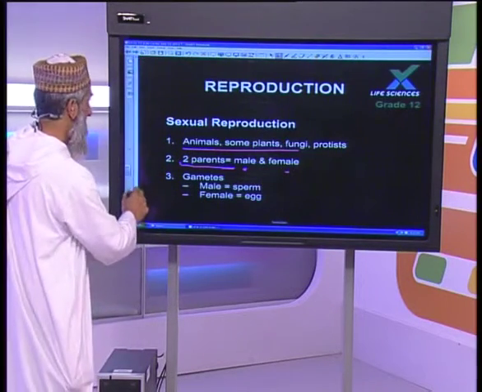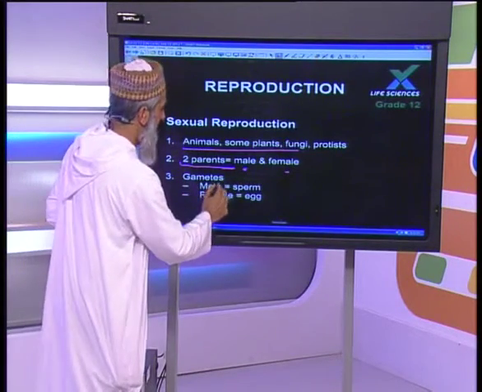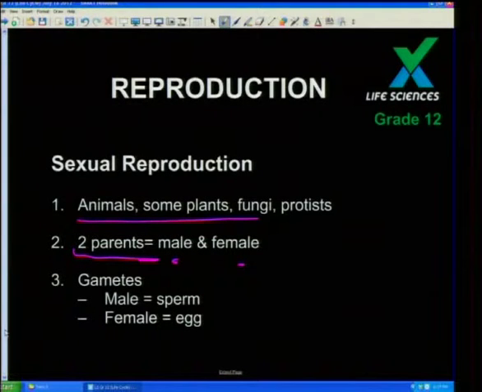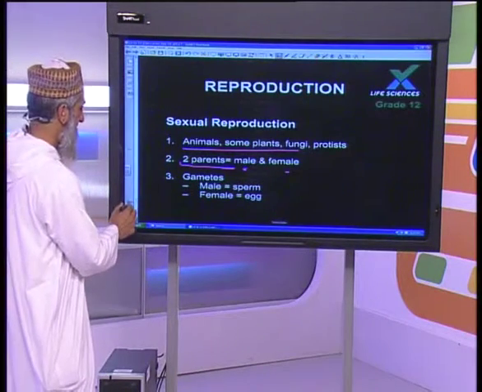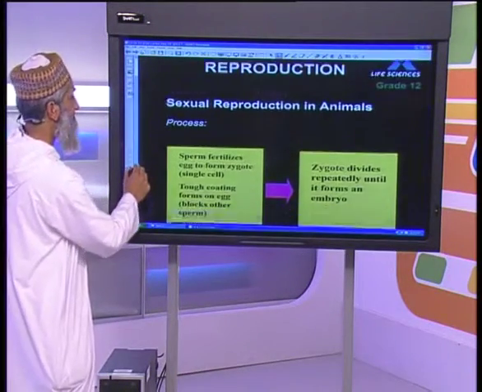Because the male must give us the male gamete or sperm, and the female must give us the female gamete or egg. Not necessarily only sperm. Remember, in the plant, that was a pollen grain which had a male gamete in it. So we're talking of the male gamete there. So that's the basic requirements for sexual reproduction.